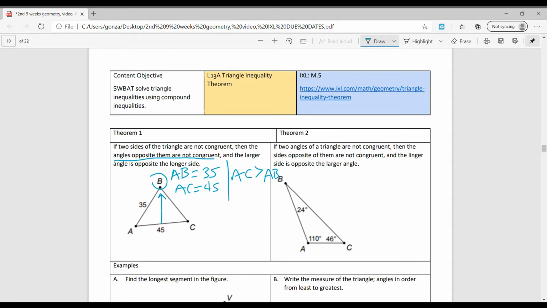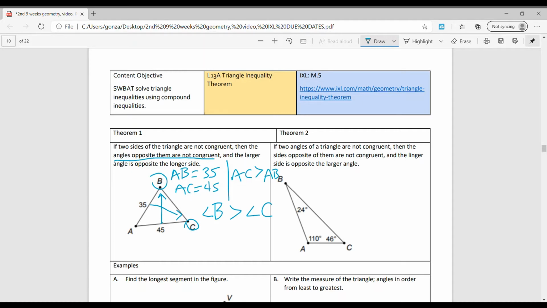And then I have line segment AB, and the angle opposite to that is going to be C. So while I don't know the measurements of angle B or angle C, I can now assume that angle B is going to be greater than angle C because 45, or the side opposite it, is larger than the other side, which is AB.